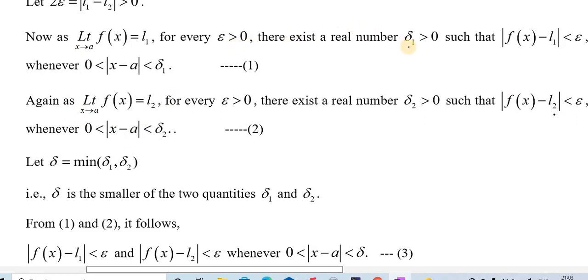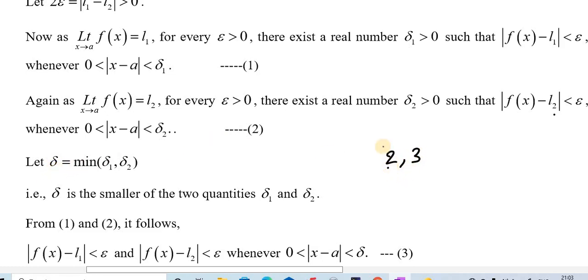For this epsilon, there exists delta 1. For this epsilon, there exists delta 2. Next, we are taking delta as the minimum of delta 1 comma delta 2. That means delta is the smaller of these two quantities. So, if delta 1 is 2 and delta 2 is 3, then the minimum is 2.